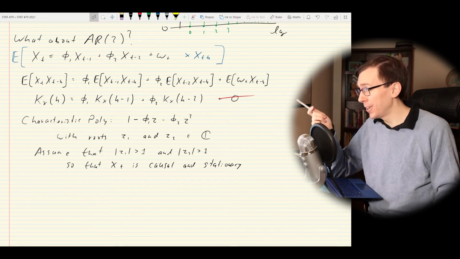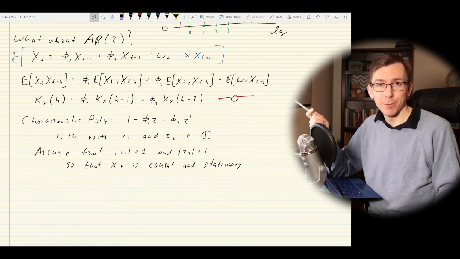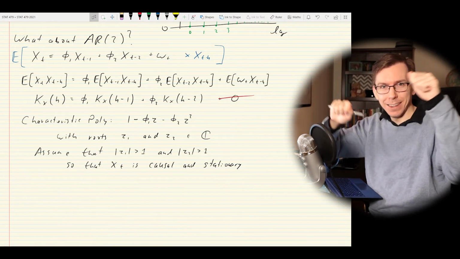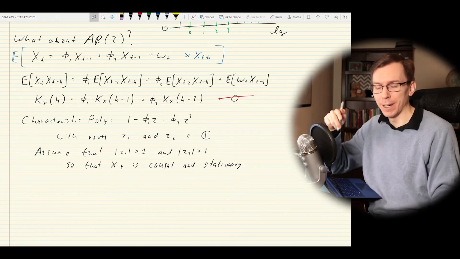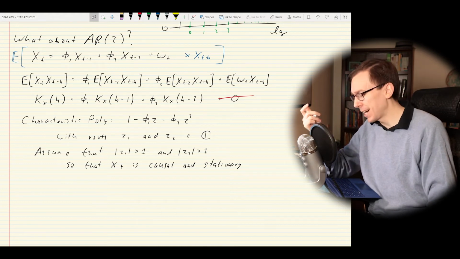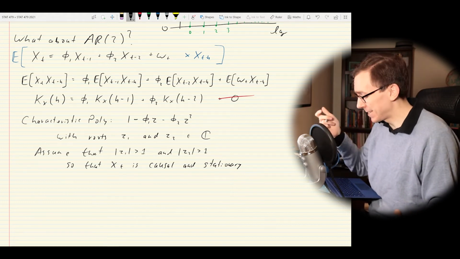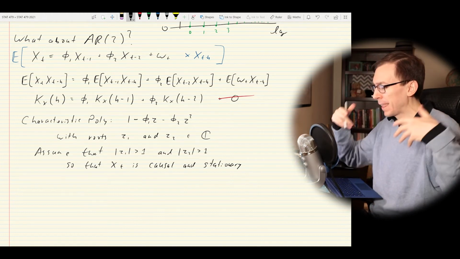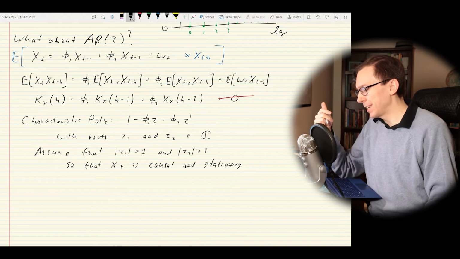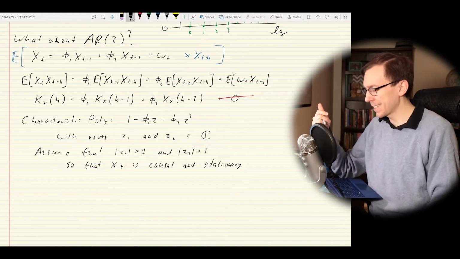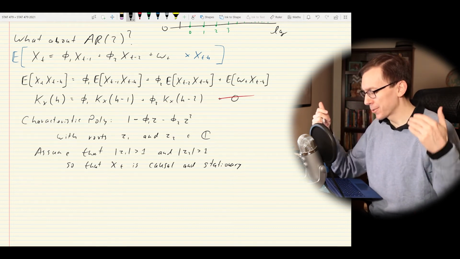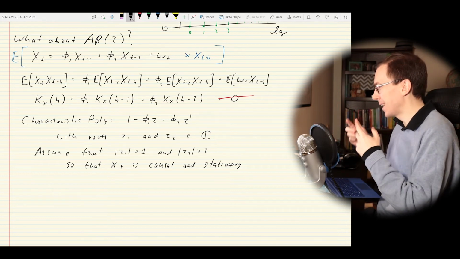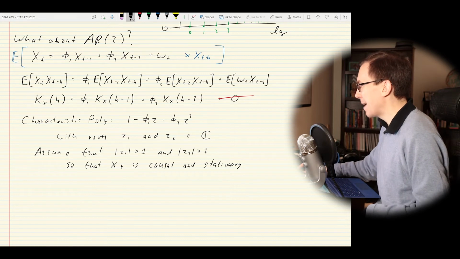If I recall, somewhere in the textbook, they actually worked it out on a grid and said we can have phi1 and phi2 in this specific region, but it takes a little bit more effort to write down what that region is. I don't remember what it is off the top of my head, but I'm pretty sure you can find it in the textbook if you really want to. But for our purposes, we're just going to say phi1 and phi2 are such that they yield a polynomial whose roots lie outside of the unit disk. Therefore, we have a causal stationary process, and we're happy about that.